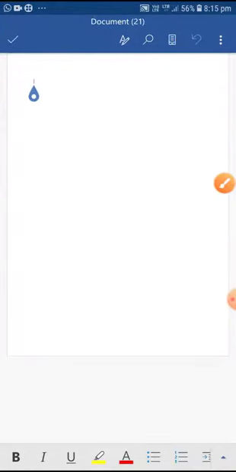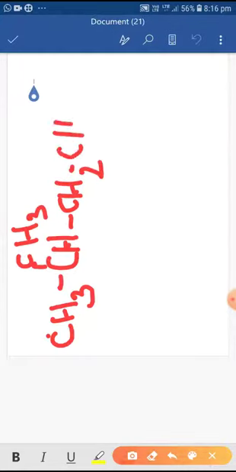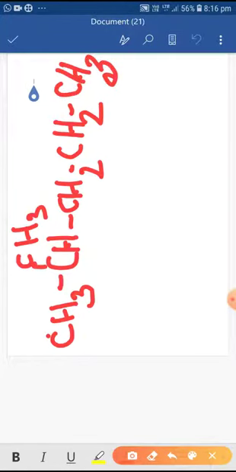Then the second example: CH3, CH, CH3, CH2, CH2, CH3. This compound has a substituent.